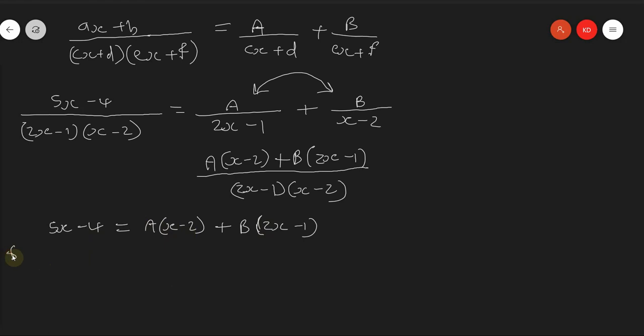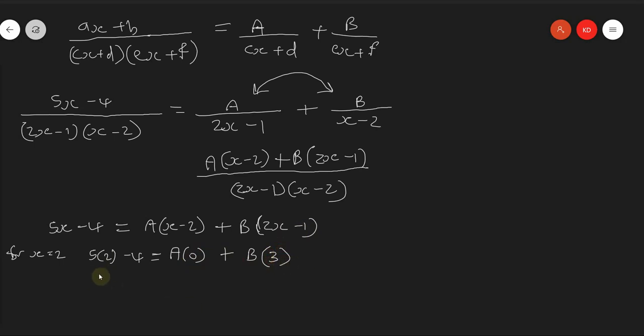So for x equal 2, we're going to have 5 times 2 minus 4 equal to a times 0 plus b times, and this would be 2 times 2, which is 4, minus 1, that's 3.